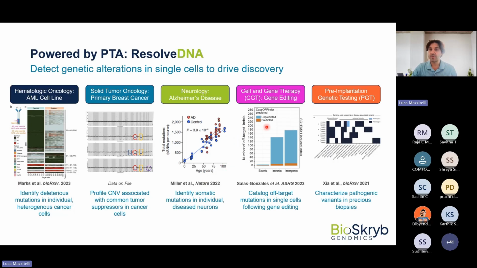And also another type of application is in cell and gene therapy.